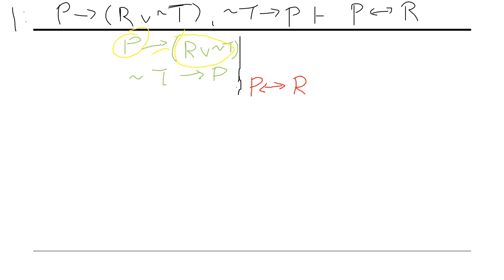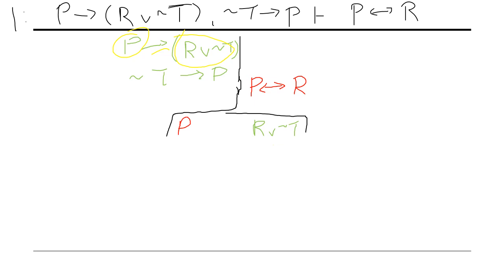True means either the left side, the antecedent, as we call it in logic, is false, or the conclusion is true. Since it's an or statement, we branch out. We can't do anything with the P, but we can still do something with this R or not T. So I'm going to break it up.